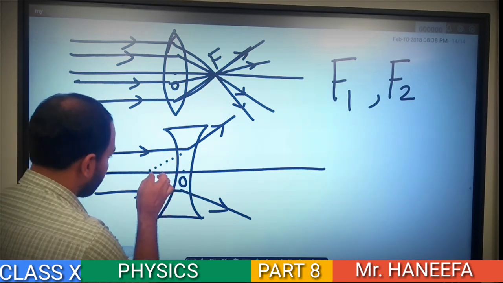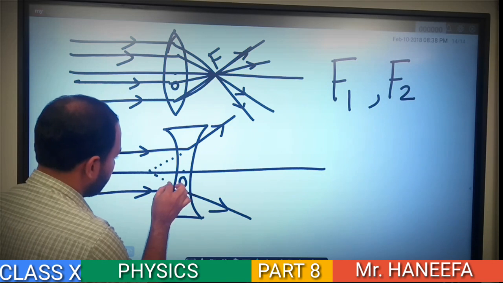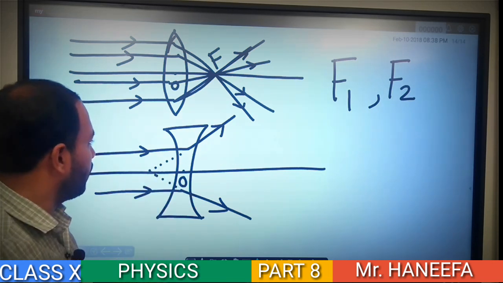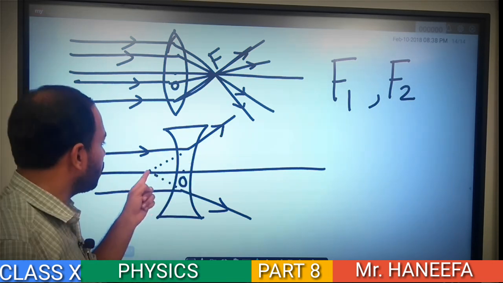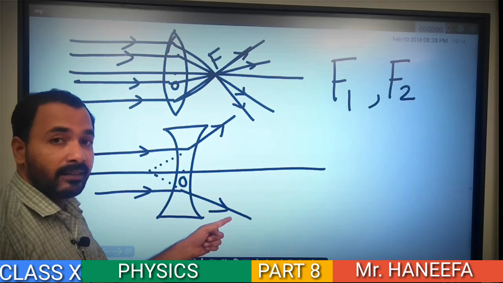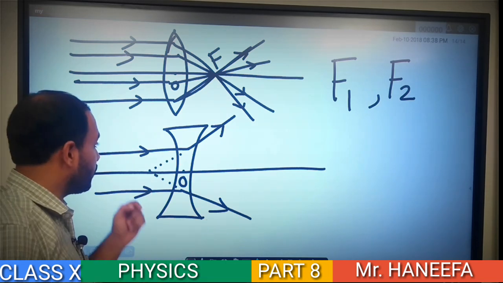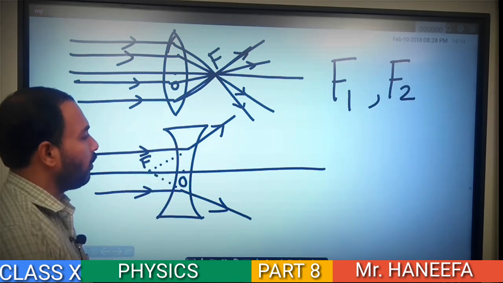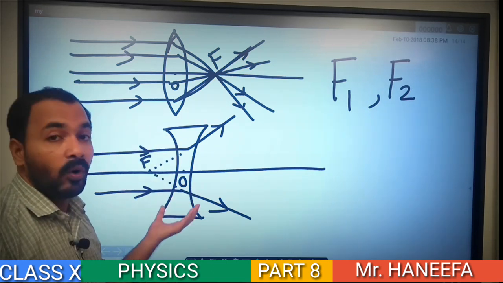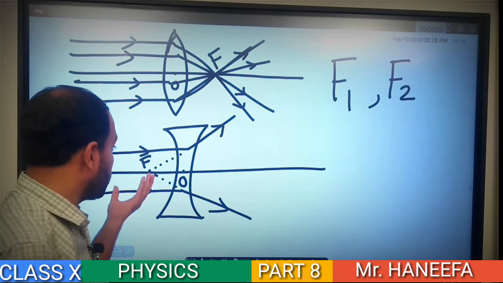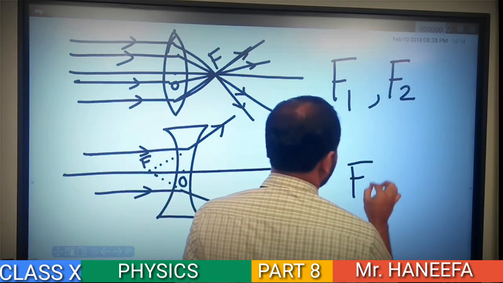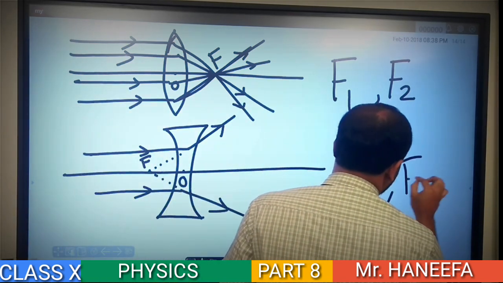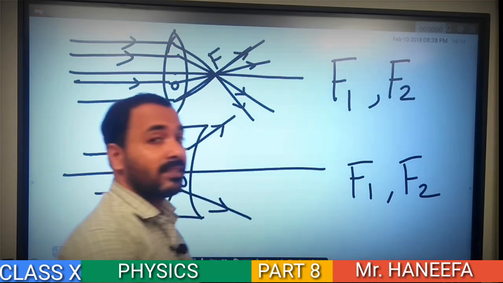This refracted ray is diverging from this point. This refracted ray is also diverging from this point. So this point is called focus of the concave lens. So here also F1 and F2 on the right and left sides.